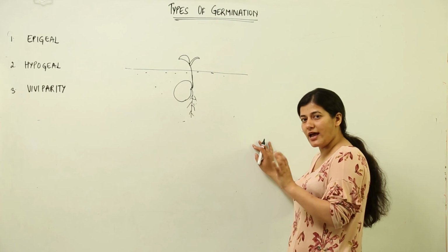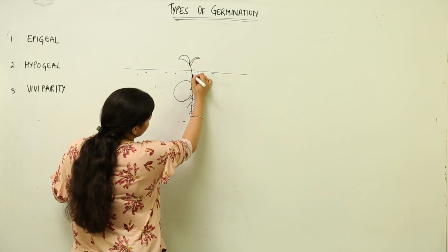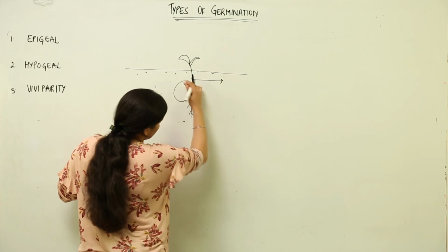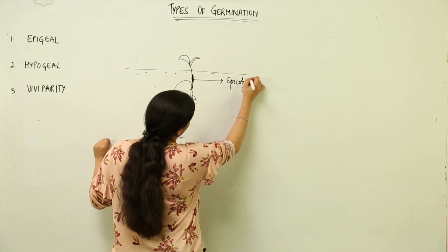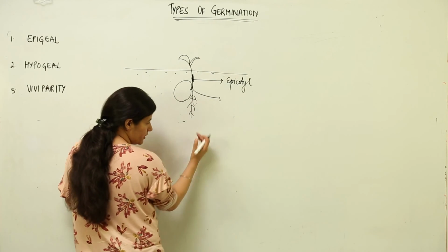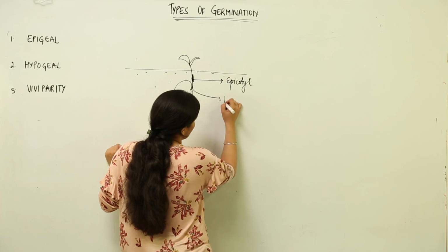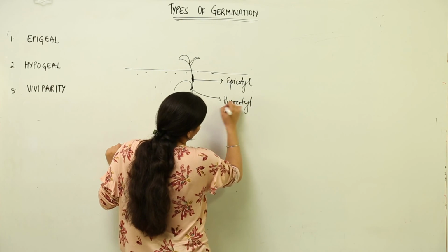Now when germination takes place, the part that is away from the cotyledon is known as the epicotyl, and the part below the epicotyl, near the seed, is known as the hypocotyl.